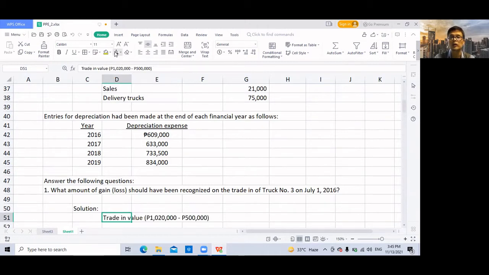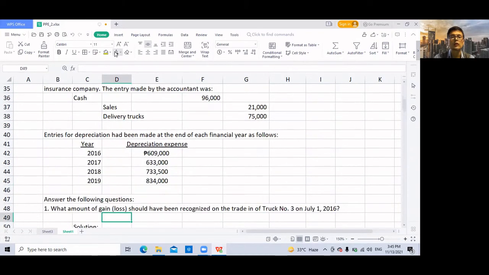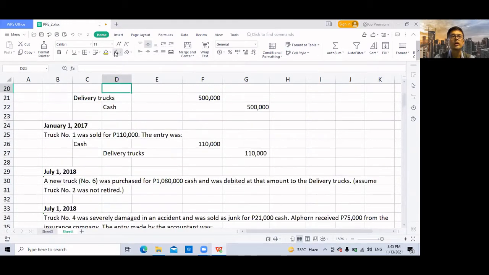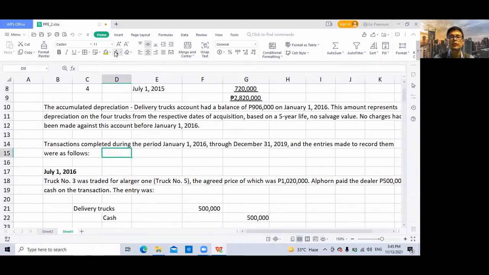How much was truck number 3 when purchased? The question asks for the amount of gain or loss on the trade-in, which is obtained from this information.